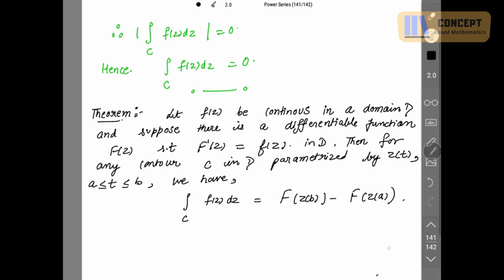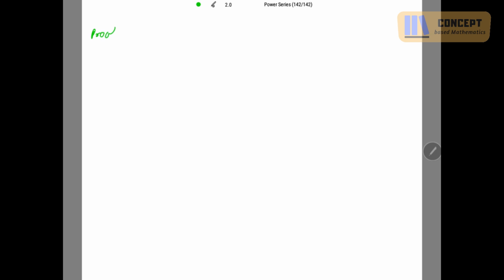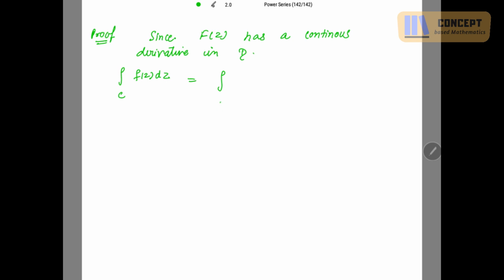How do we prove this theorem? Since F(z) has a continuous derivative in D, it is given. So the integral over C f(z) dz is equal to, it is given that this f(z) is equal to F dash z.